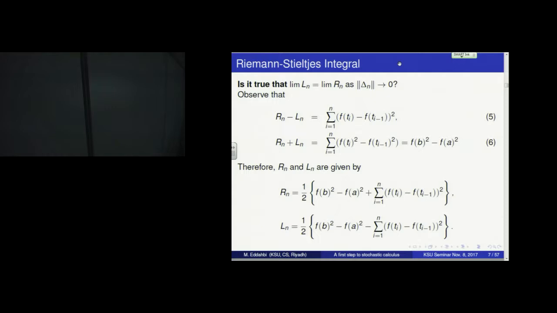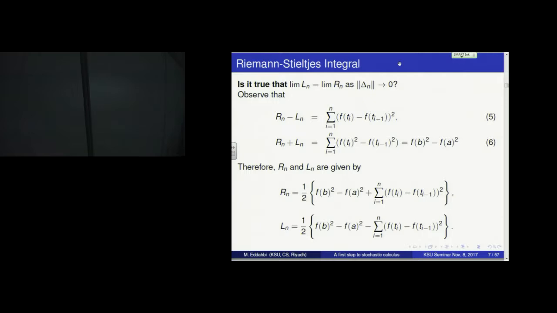Actually, this summation is exactly the evaluation of the function at the endpoints of the interval, f(b) squared minus f(a) squared. If we combine these two equations, we deduce R_n and L_n. In R_n you have this difference plus here, and in L_n you have the same evaluation minus here. The only difference is the plus and the minus.